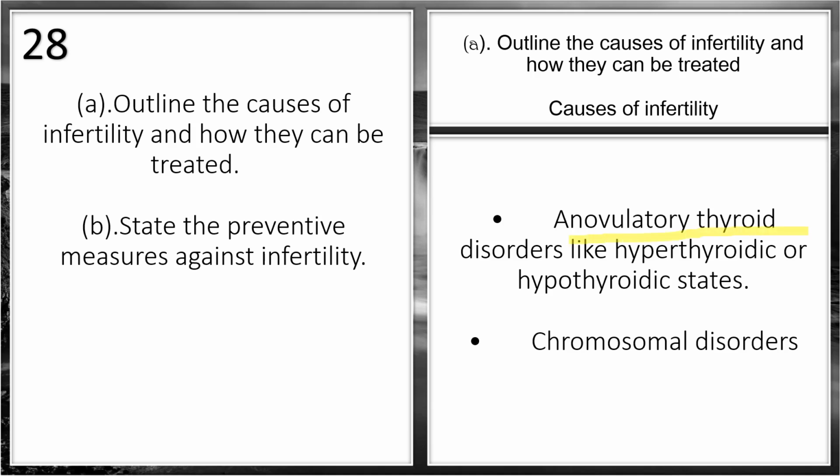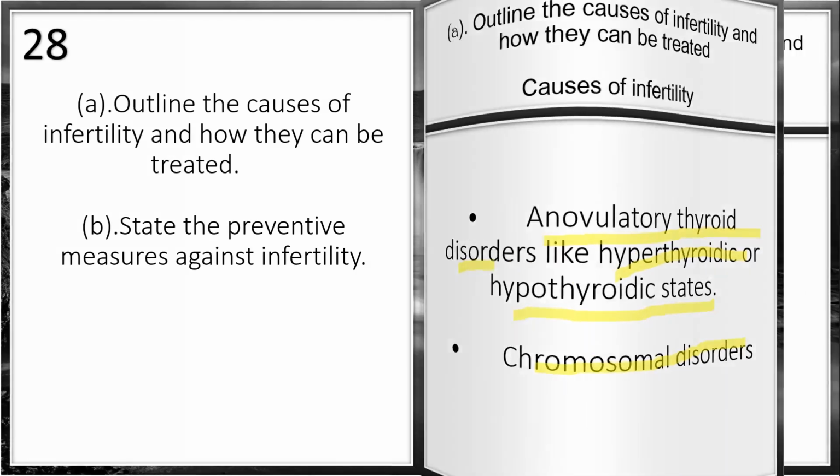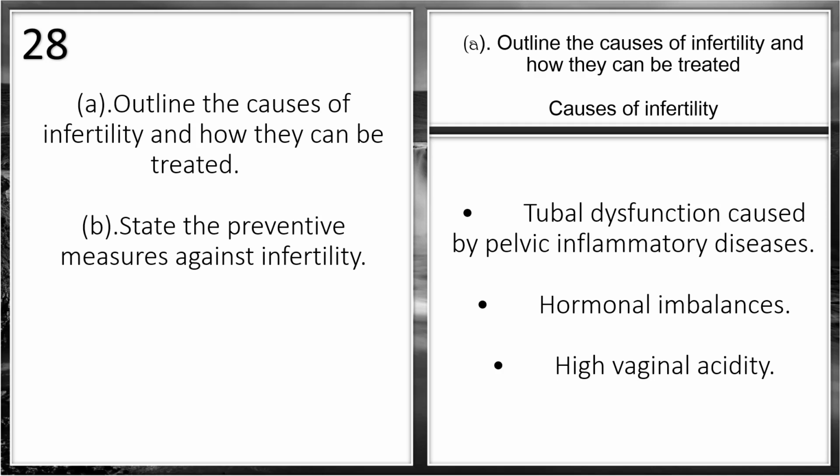Anovulatory thyroid disorders, like hyperthyroid or hypothyroid states. Chromosome disorders. Tubal dysfunction caused by pelvic inflammatory diseases.